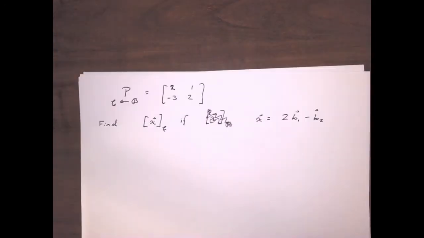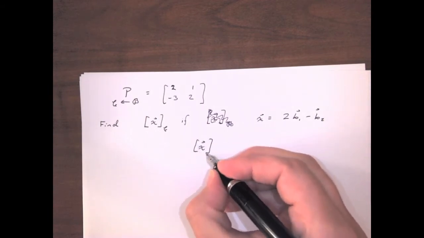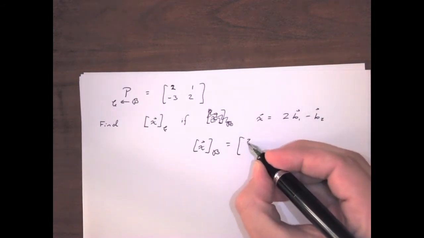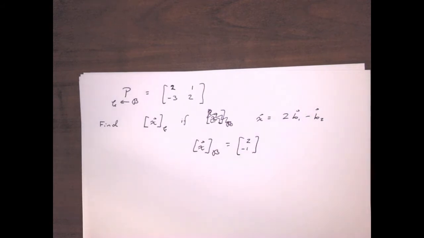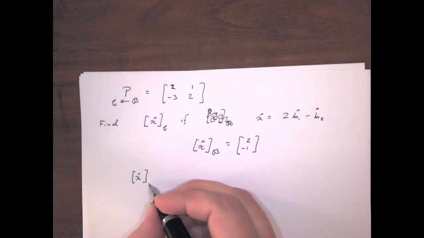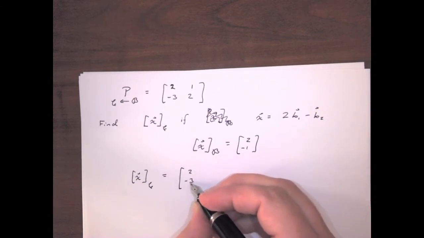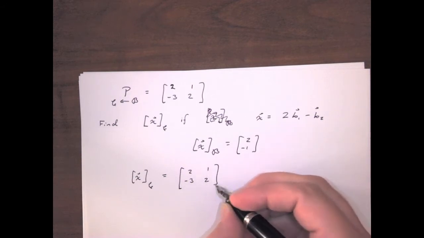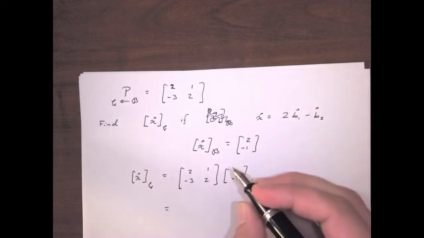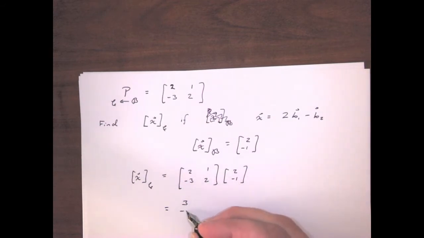Well, then what that means is that we can find that representation with respect to B by just listing off the weights of the two different components, so 2 and a negative 1, and then the representation with respect to C will just be this matrix 2, negative 3, 1, and 2 times the vector 2, negative 1, which you then just calculate away, and you get 4 minus 1 is 3, and you get negative 6 minus 2 is negative 8.